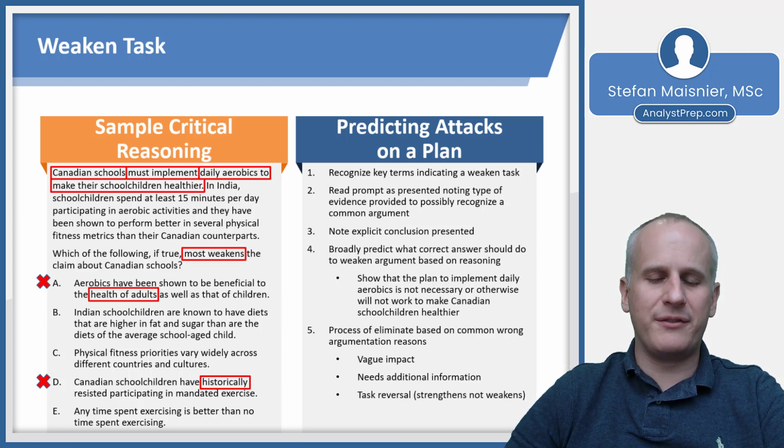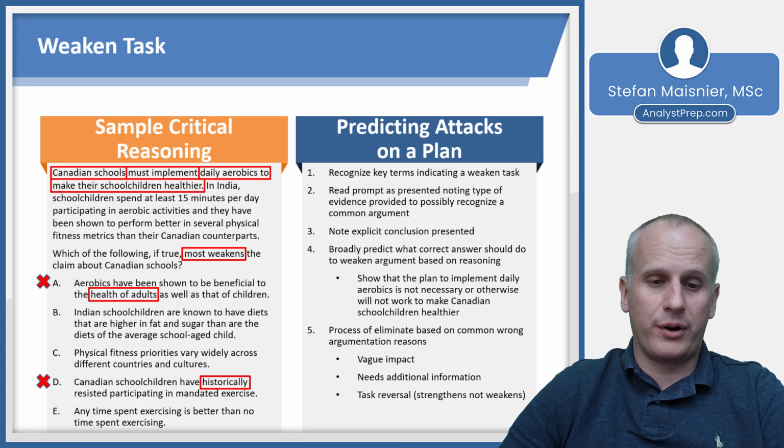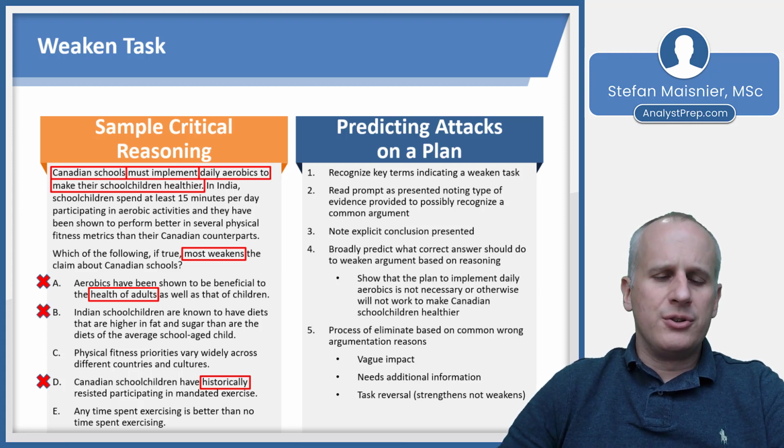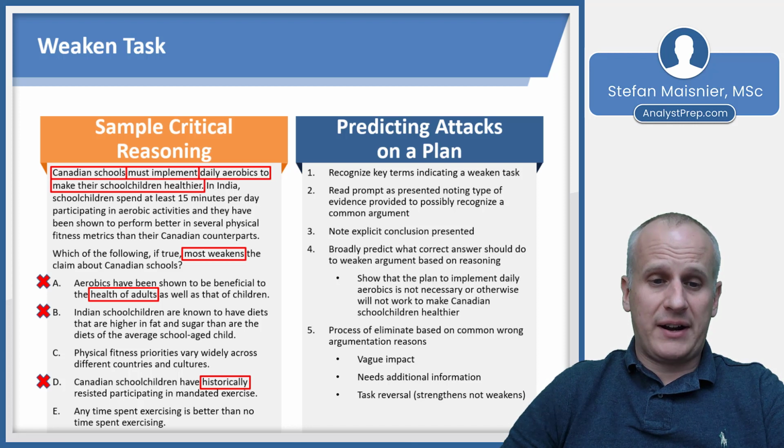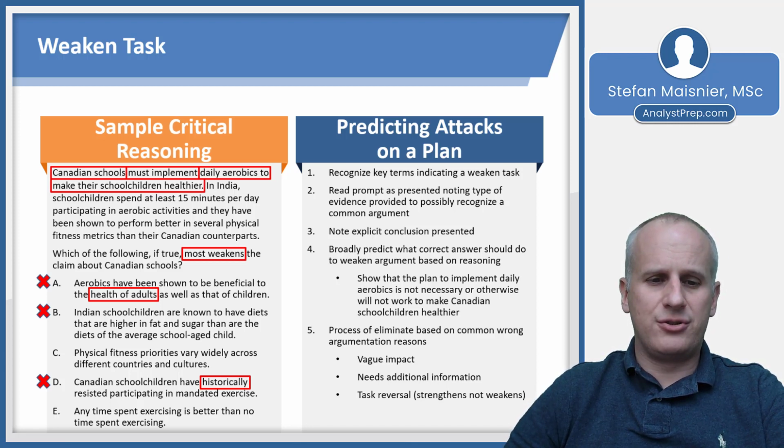Now, you also have to be aware of reversals that strengthen rather than weaken the plan, so show that the plan would work theoretically. Choice B is a little bit roundabout, but saying that Indian school children are known to have diets that are higher in fat and sugar than are the diets of the average school age child.